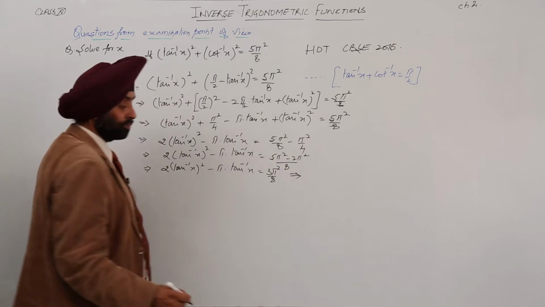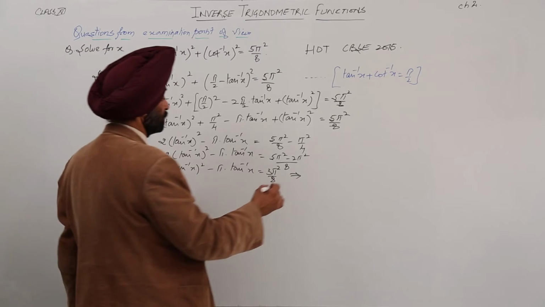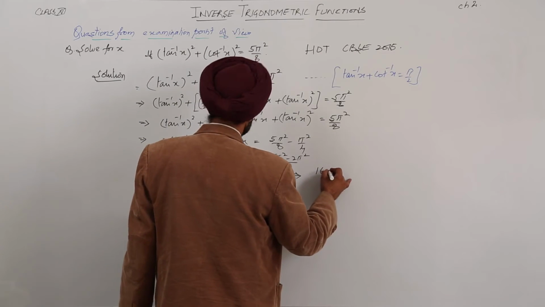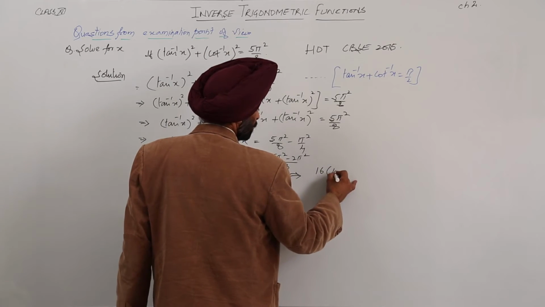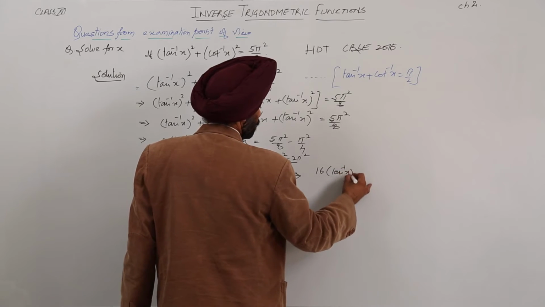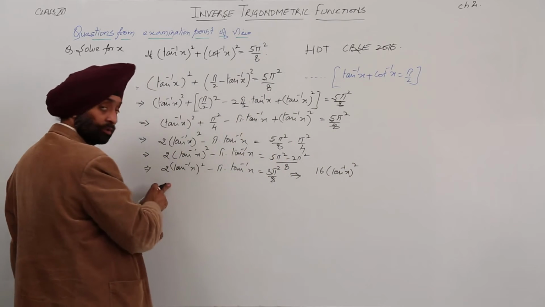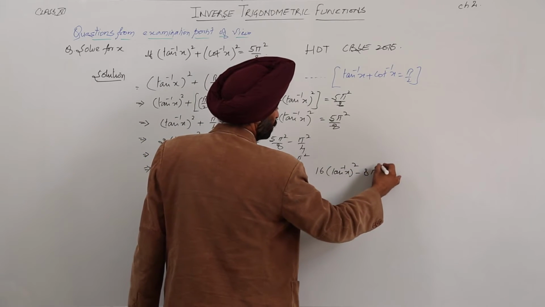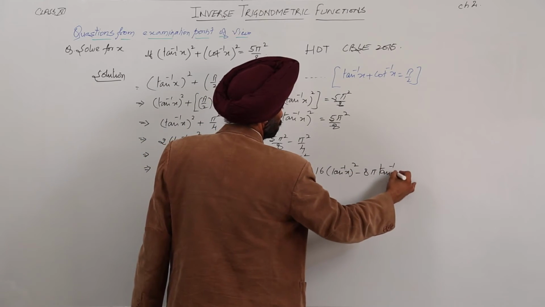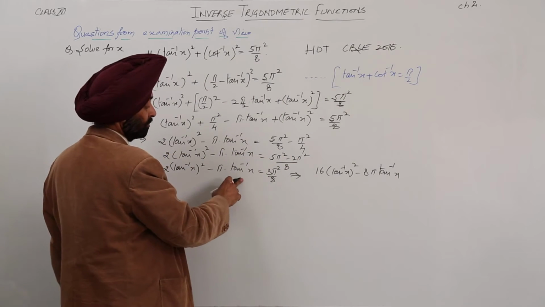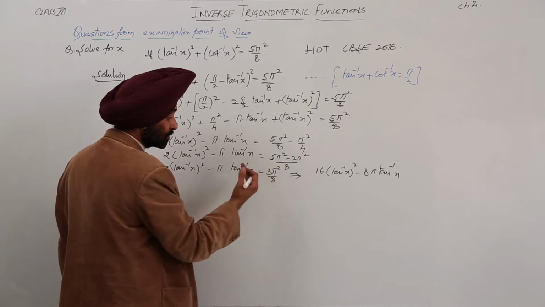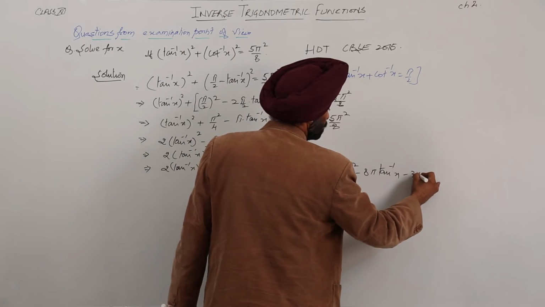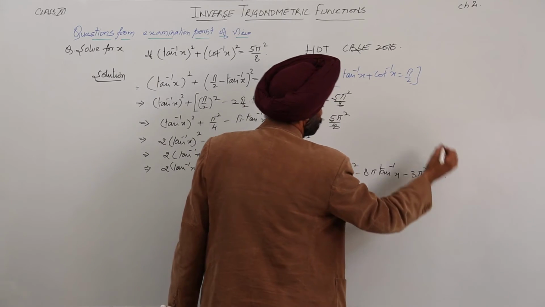Now further, multiplying 8 to this side, we are getting 16 (tan inverse x) whole square, this 8 multiplied by this 2, minus 8 pi tan inverse x, and this term comes to this side, minus 3 pi square is equal to 0.